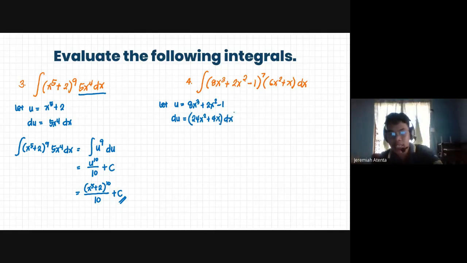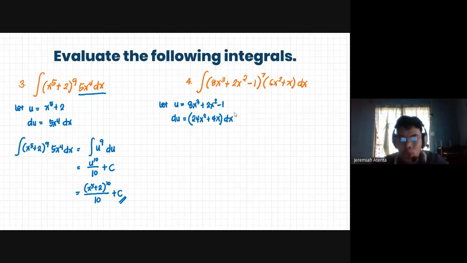Now, in this case, may nakikita ba tayong 24x squared plus 4x? Wala. Wala siya.